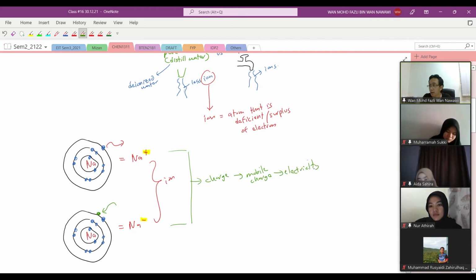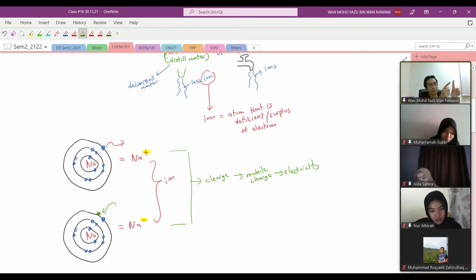So that is the reason why people tell you don't touch the electric switch with a wet hand. Because the water in your bathroom is maybe not pure, so there are ions inside it. If you touch the switch, there will be conduction.